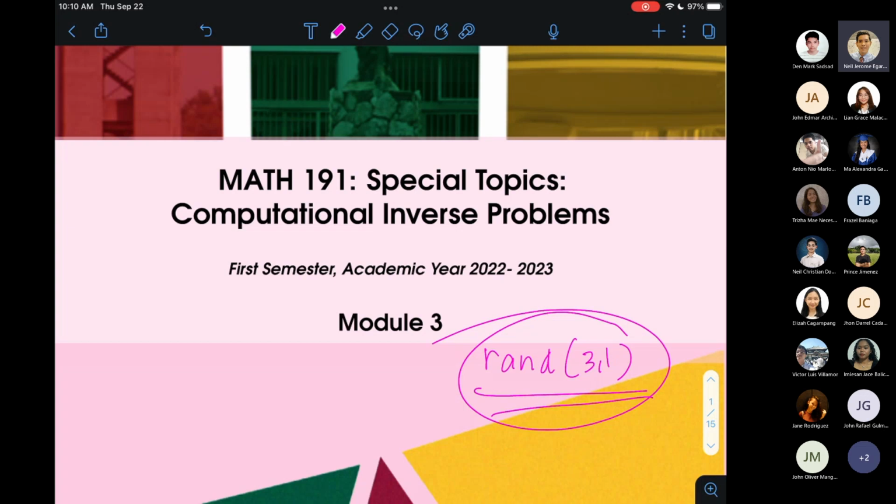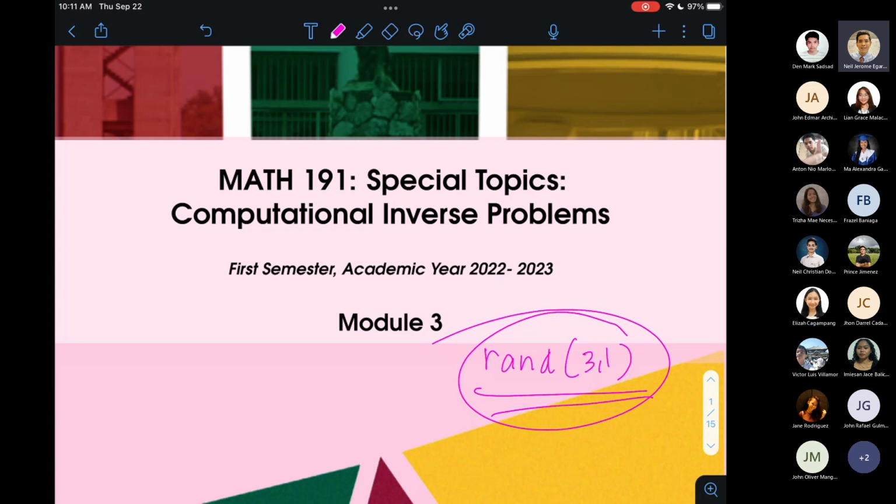And that's what we will look at in module number 3. We'll give a specific type of inverse problem at ipapakita natin na nagiging meaningless yung modeling process pag naive reconstruction lang yung ginawa natin. Meaning the effects of the perturbation to the solution is very huge na dapat sinasama siya sa pagbe-build up ng solution.